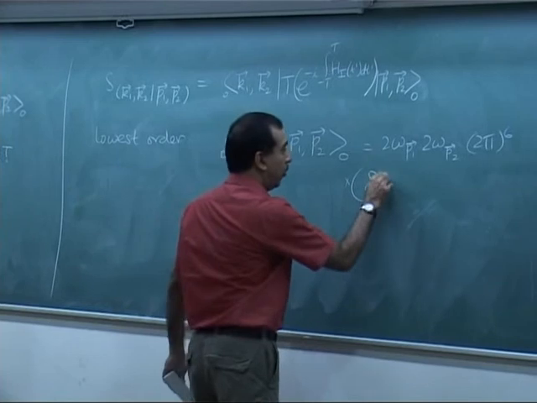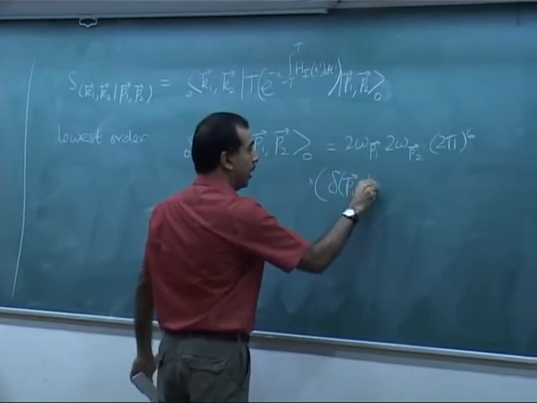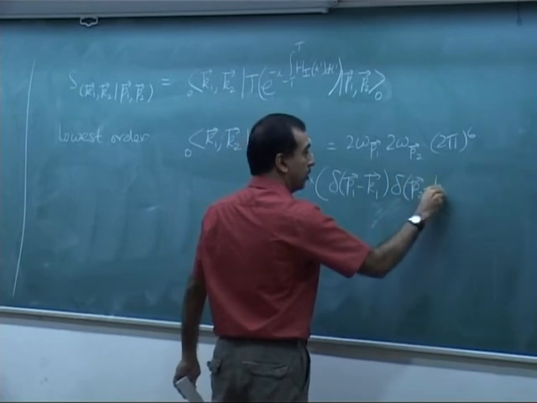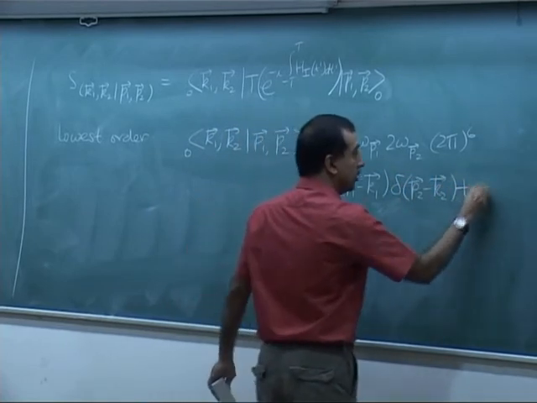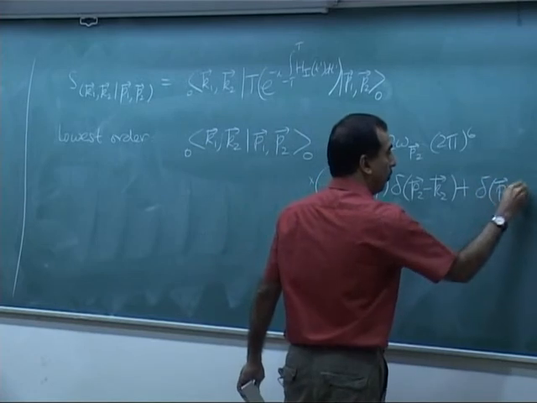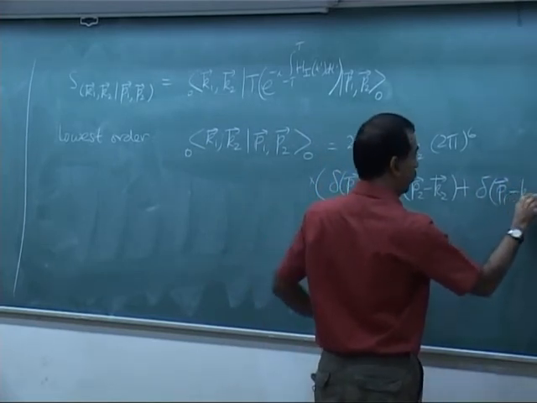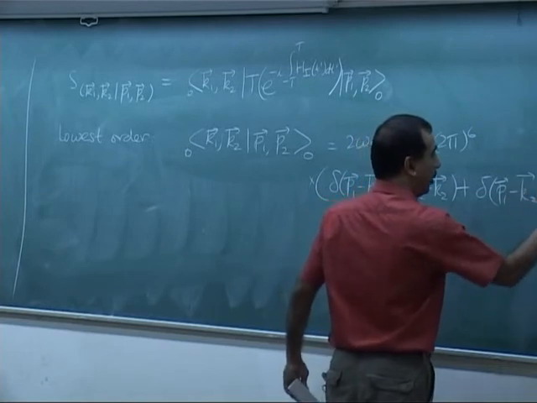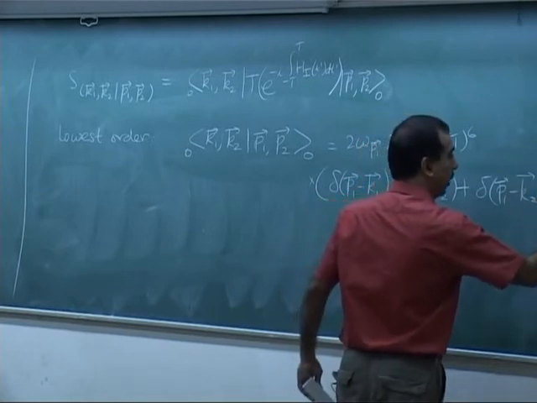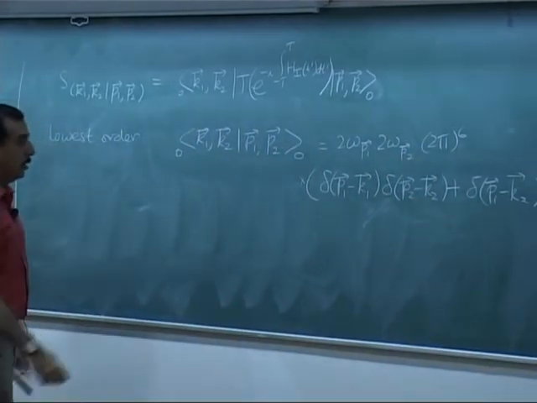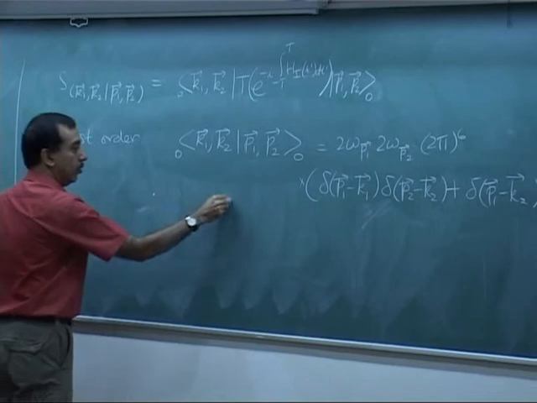So we get delta of P1 minus K1 times delta of P2 minus K2, plus delta of P1 minus K2 times delta of P2 minus K1. This is what we actually get. It's a simple exercise and it has a very simple physical interpretation.